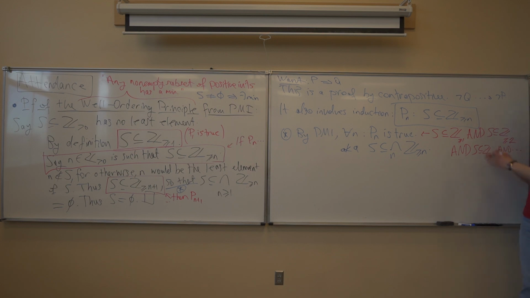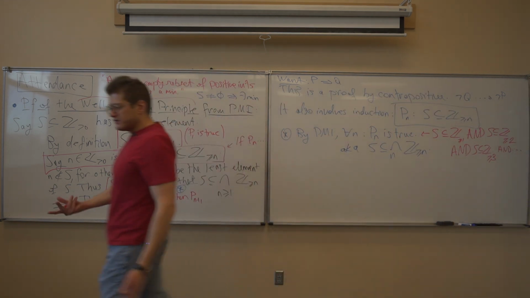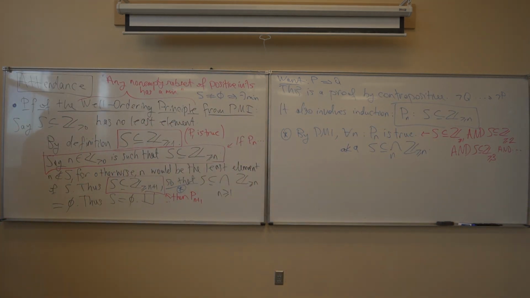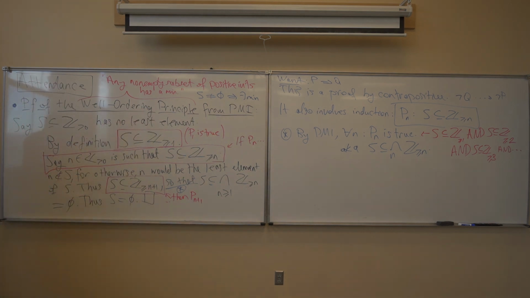Now, grammatically, this is sort of like a sentence with infinitely many ands. And in standard English, this obviously doesn't make sense because there's no end to it. You would just say you're not making any sense. But the Principle of Mathematical Induction literally says, in this context, when you're doing math, you get to think of that infinite sentence as an actual logical statement.